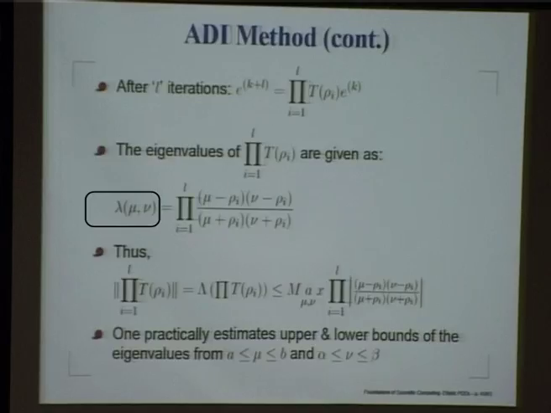So, if I look at the norm or the spectral radius of that lambda matrix, that would be given here. Let me call that capital Lambda. That would be nothing but take this product form and look for its maximum value when mu and nu take their successive values. How many values of mu and nu will we get?